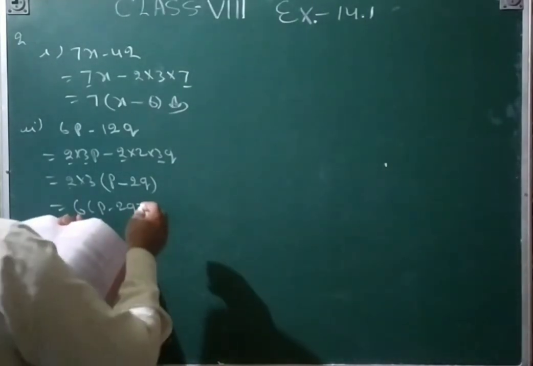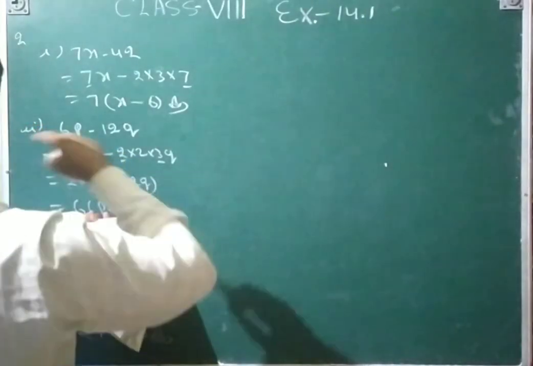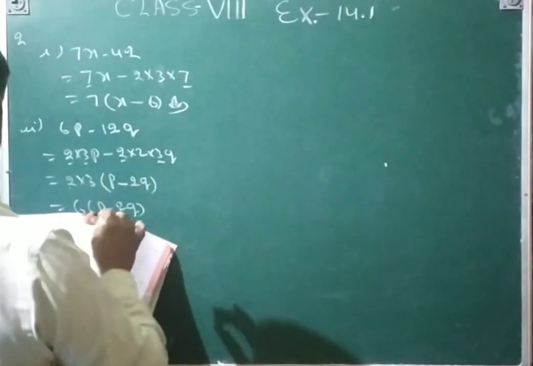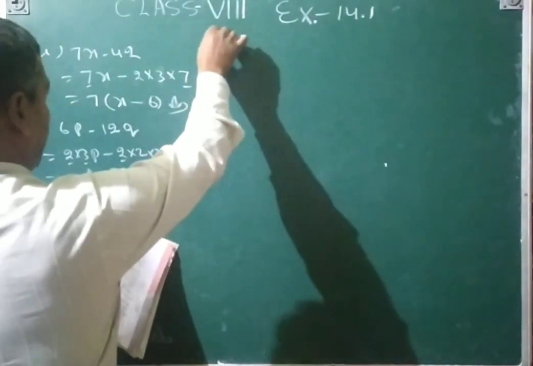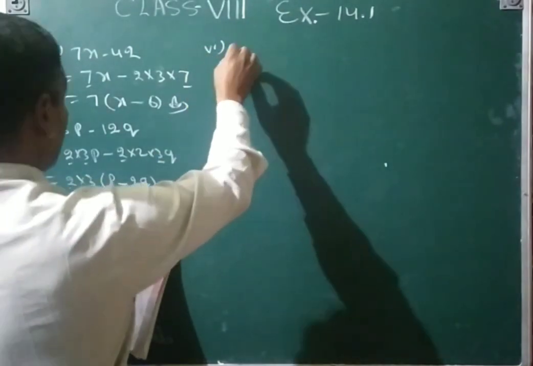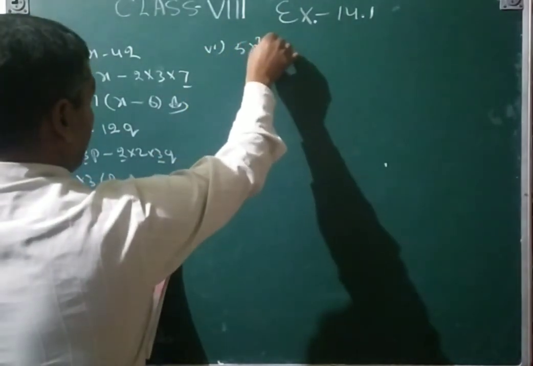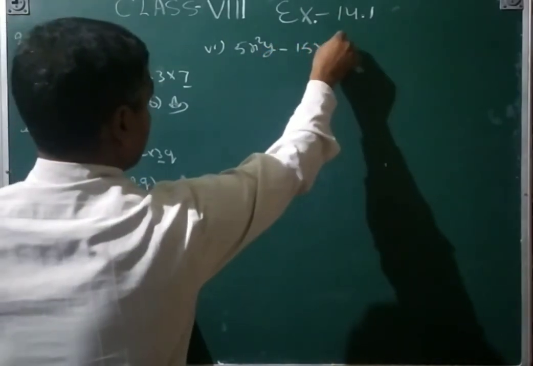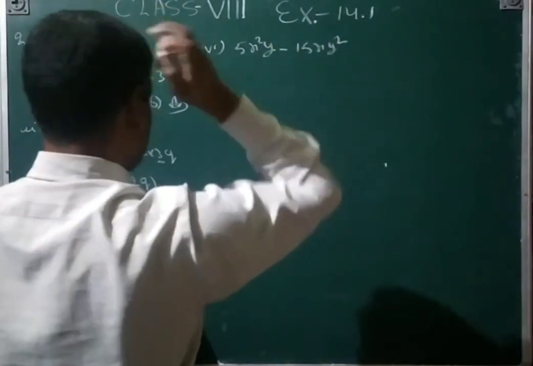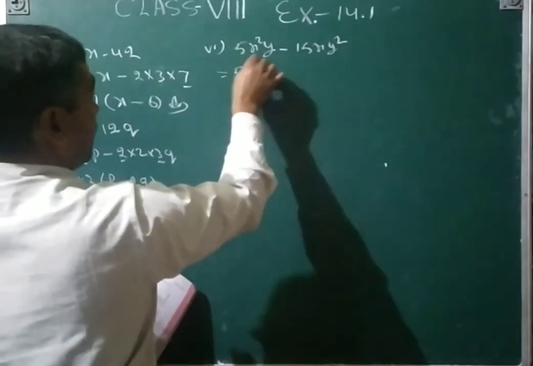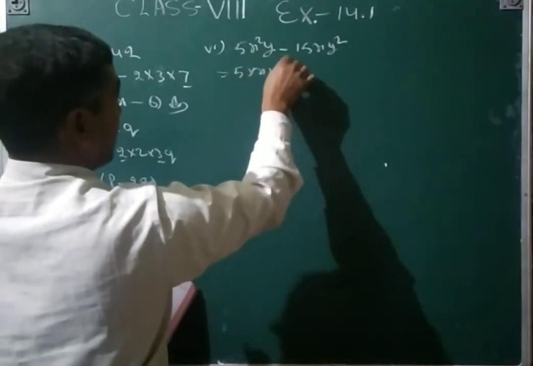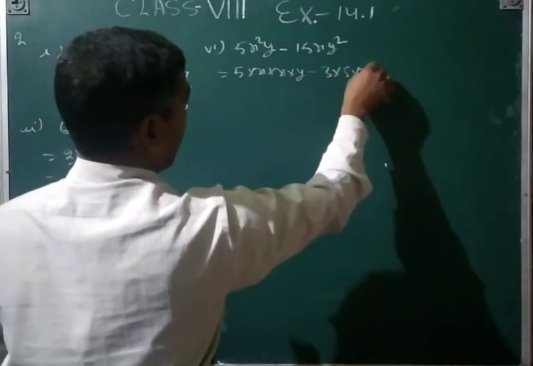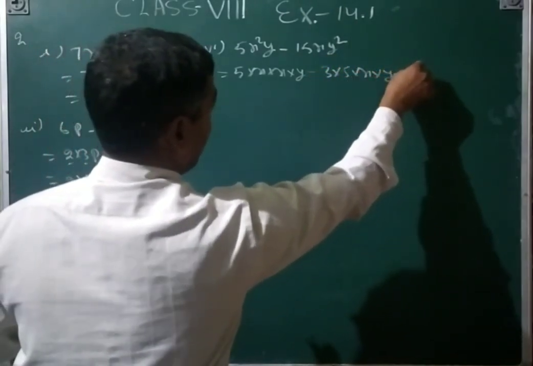And then the fifth part you can do, no problem will be there. Sixth part also you can do: 5x square y minus 15x y square, so that here 5 into x into y minus 3 into 5 into x into y into y.